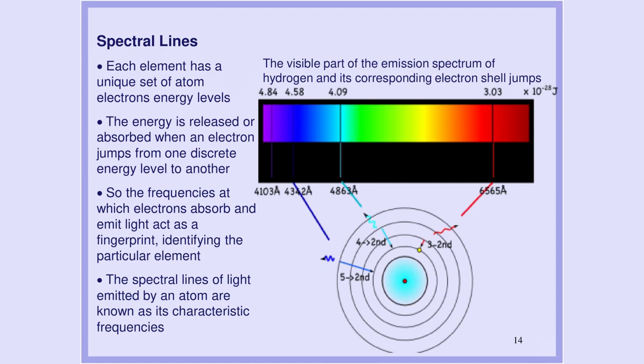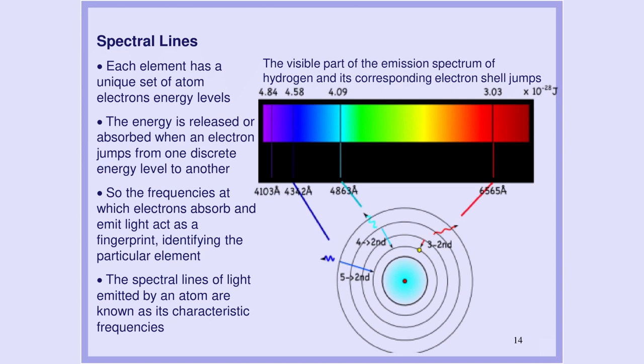The energy is released or absorbed when an electron jumps from one discrete energy level to another. So, the frequencies at which electrons absorb and emit light act as a fingerprint identifying the particular element.